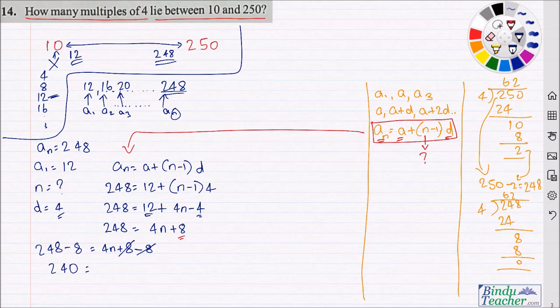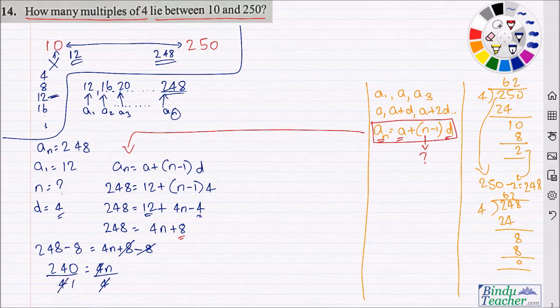Now 240 equals, we have 4n remaining. Now similarly, I'm trying to calculate the value of n, which means I want to get rid of 4. Again, we will balance the equation. I will divide the right hand side of the equation by 4, and I will repeat the same on the left hand side of the equation. So 4 divided by 4 equals 1.